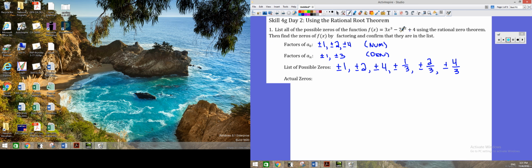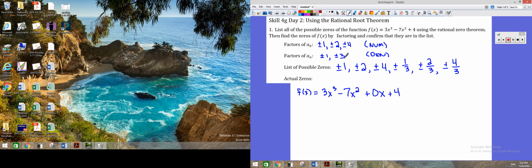Now, I noticed that although it's in standard form, it's missing an x term. So I'm going to rewrite f of x as 3x cubed minus 7x squared plus 0x, because there is no linear term, plus 4. I'm going to need that 0 in my synthetic division as a placeholder.